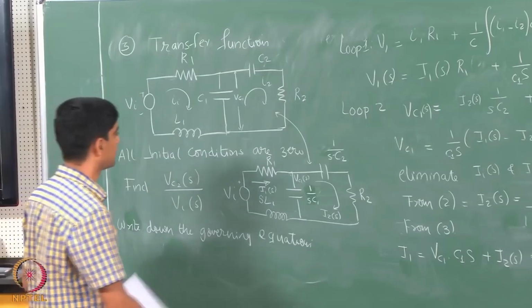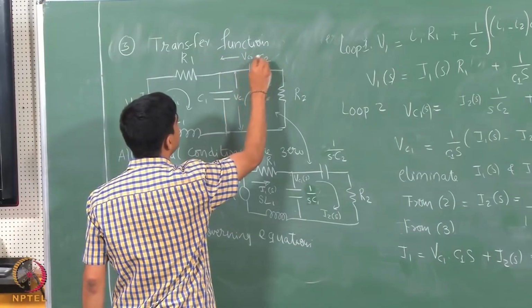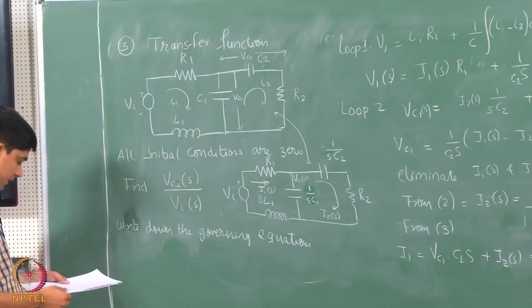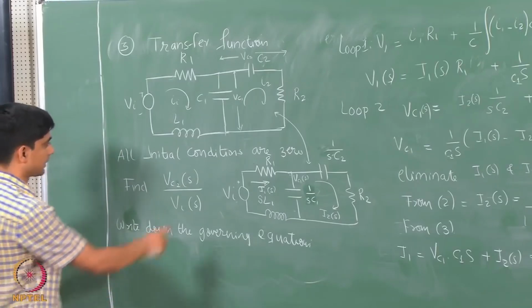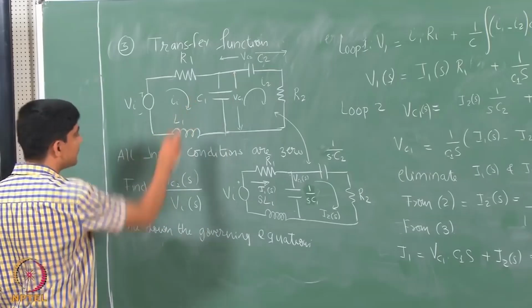Right, nothing changed, right. So, if this is my Vc2, the voltage across my capacitor C2, I can equivalently find my transfer function as this one, right. So, what is Vc2?